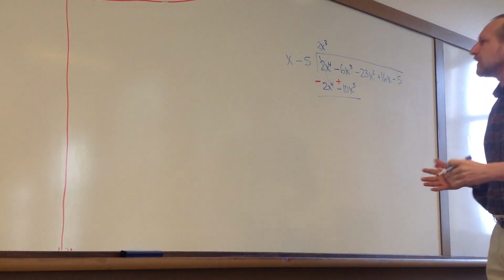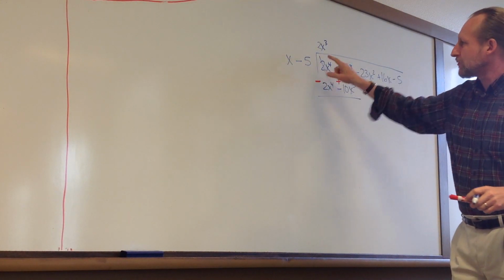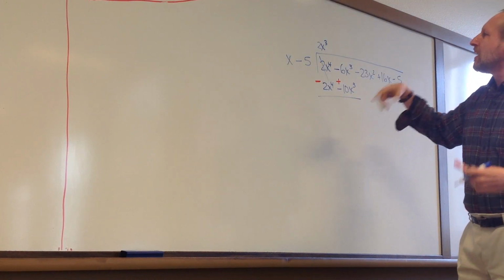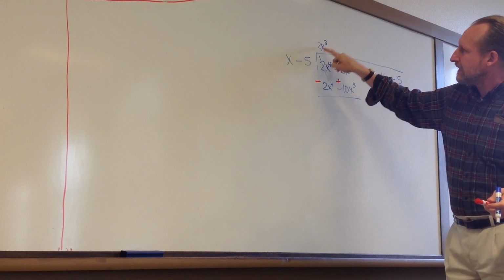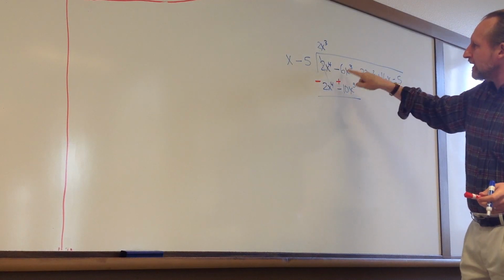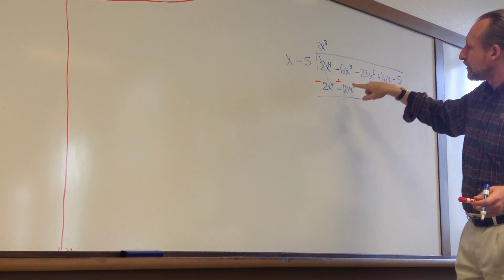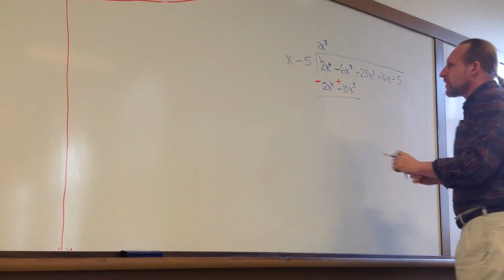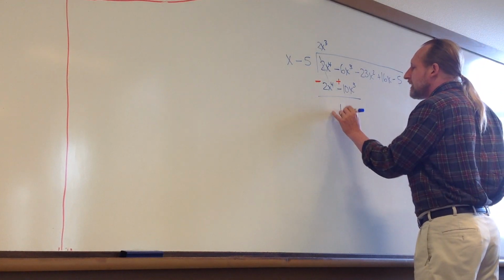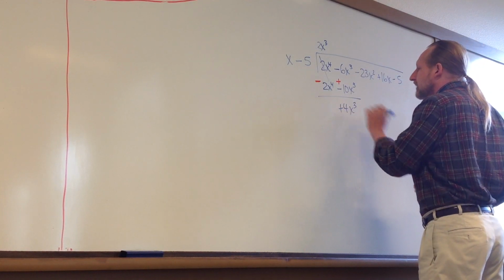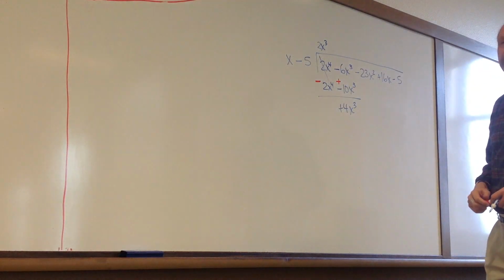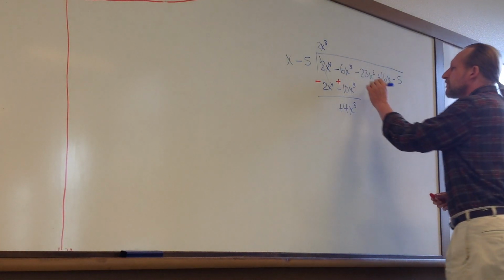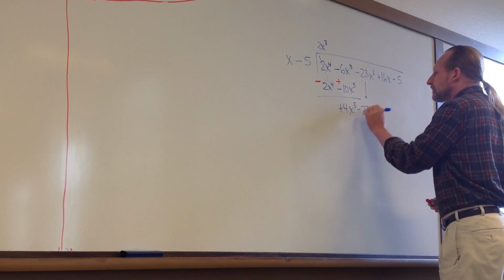That's because when we multiply this times this, we get exactly what we need. The problem is that when we multiply this times the 5, we don't get minus 6x cubed, we get minus 10x cubed, which means we're going to need a positive 4x cubed to bring us back down to the negative 6.